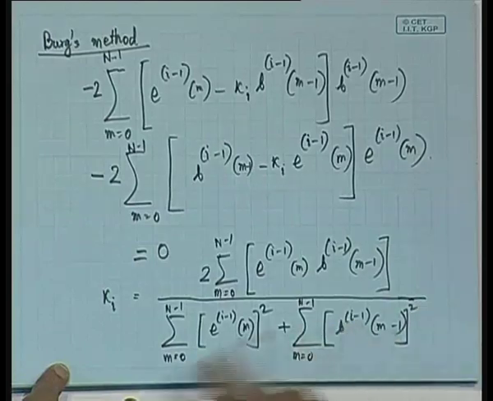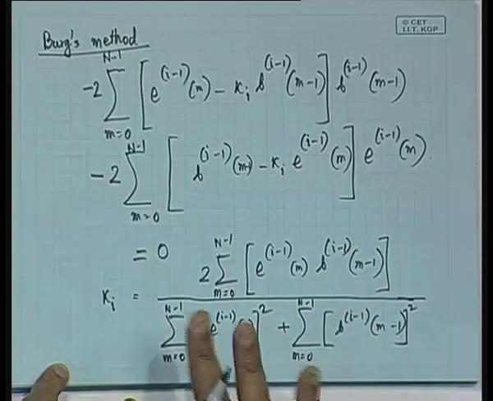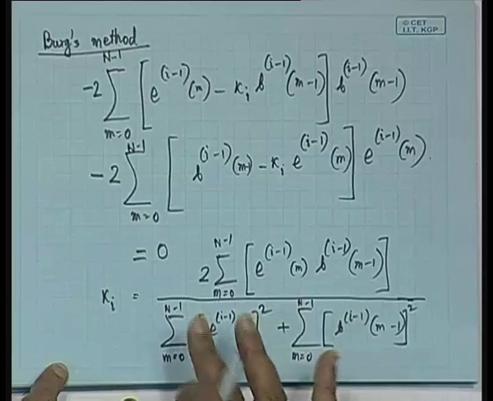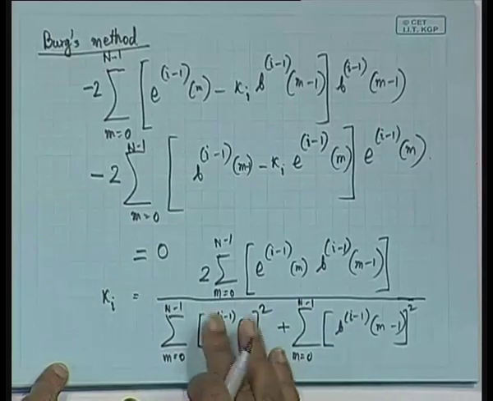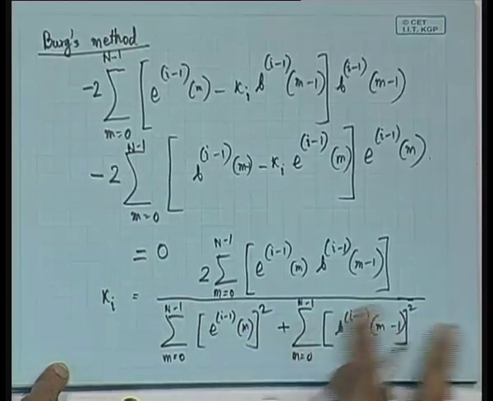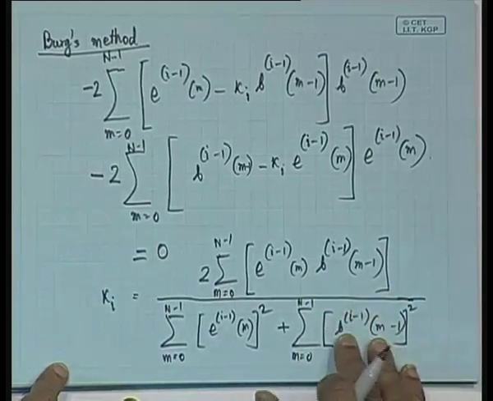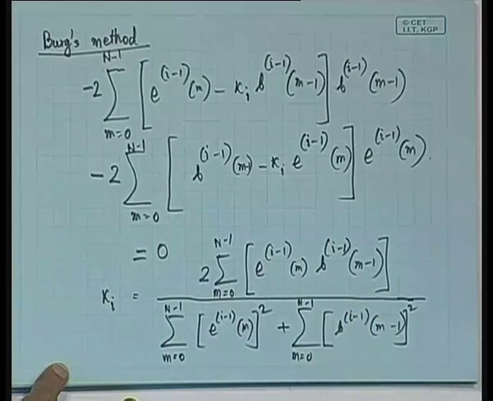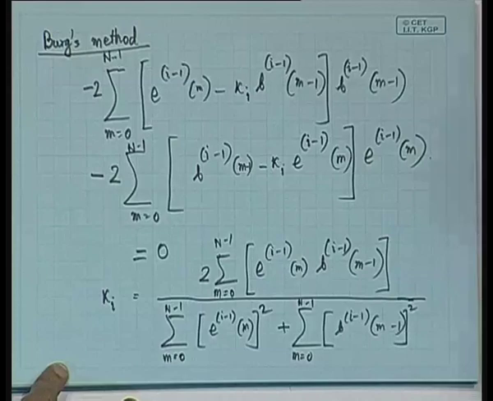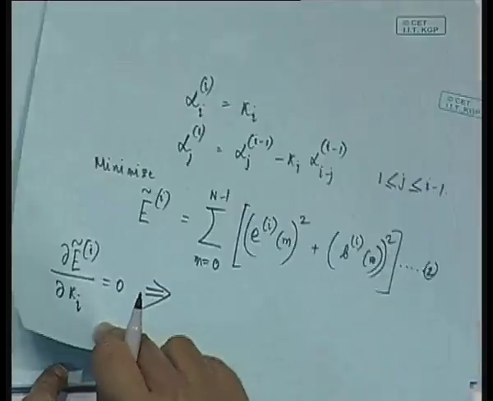Sum of these two squares. You see that individually this EI terms squares summation and this squared summation are to be added. So it is somewhat different from this expression.